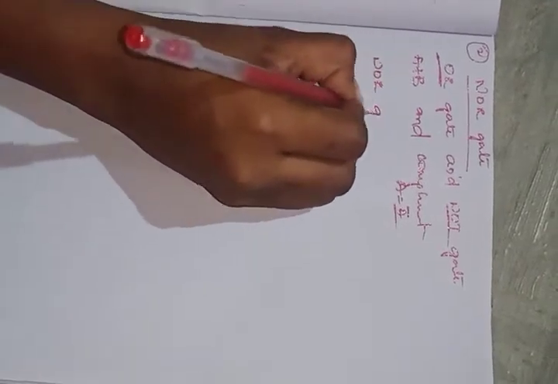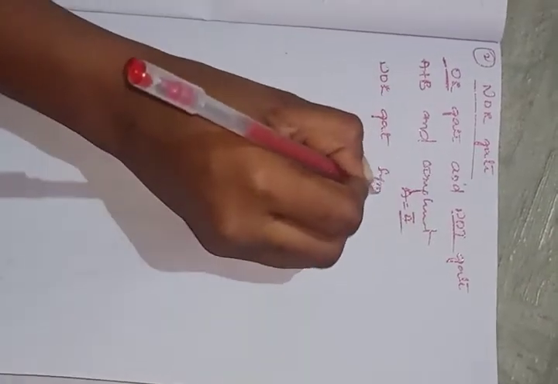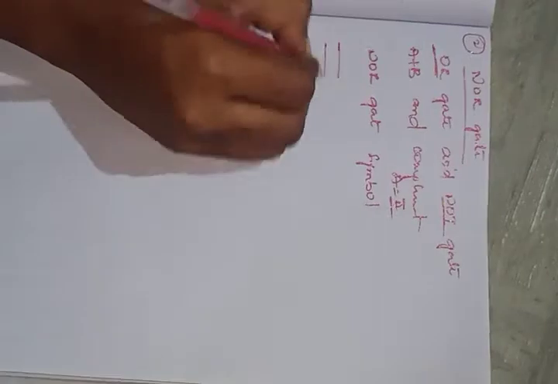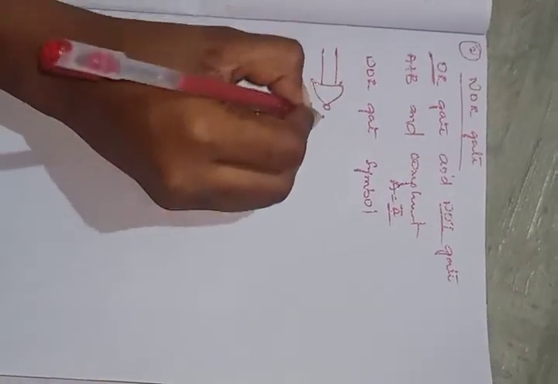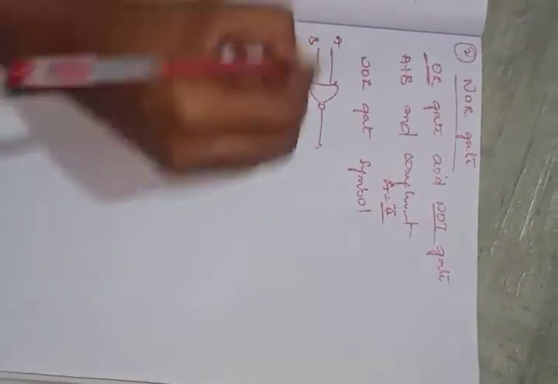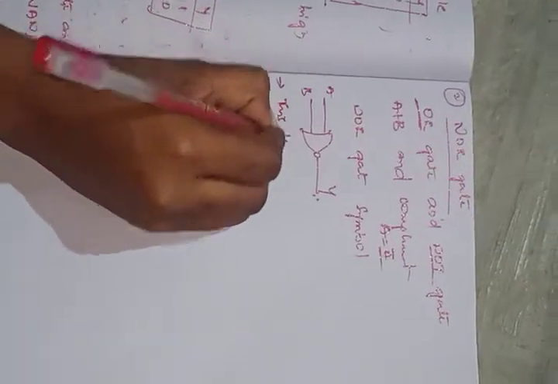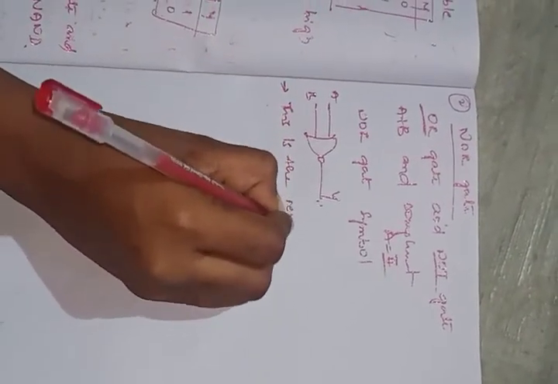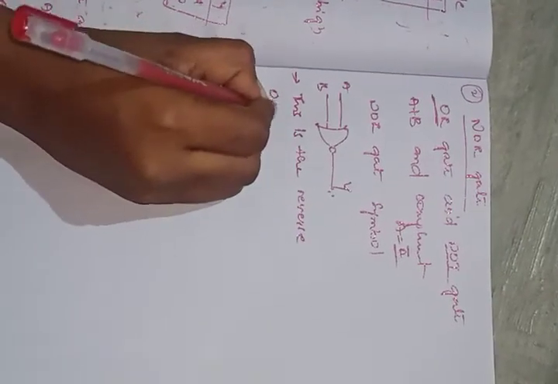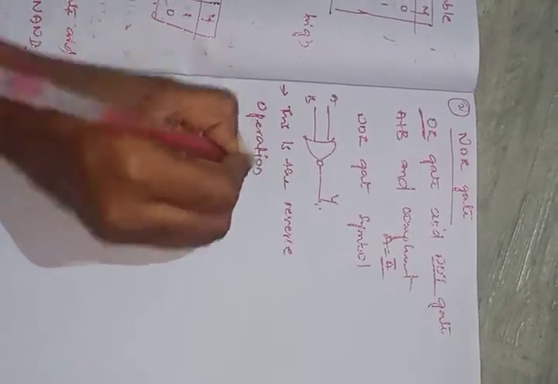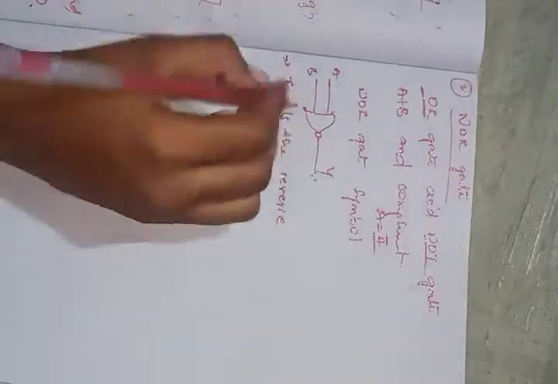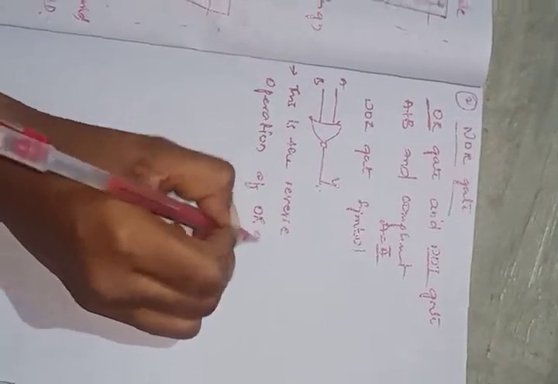So the NOR gate symbol is this, and this is the reverse operation of OR gate.